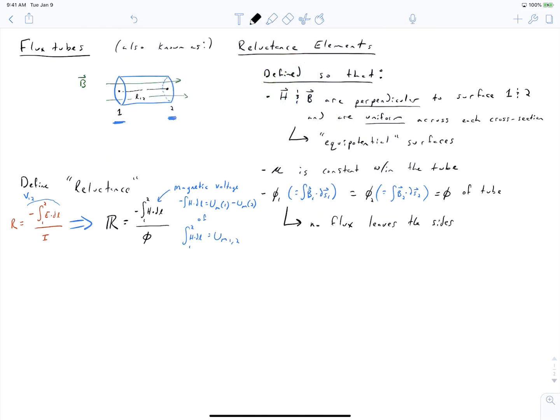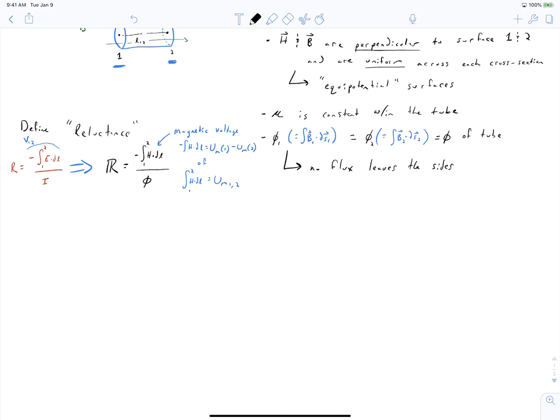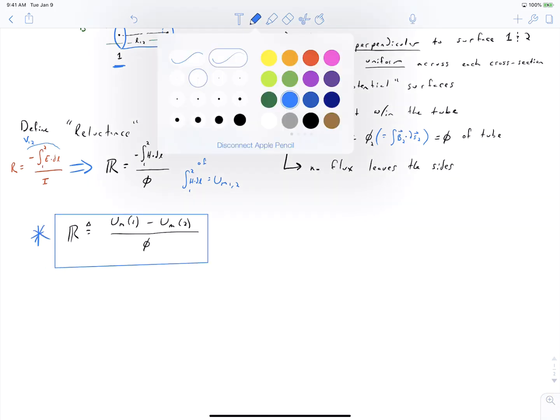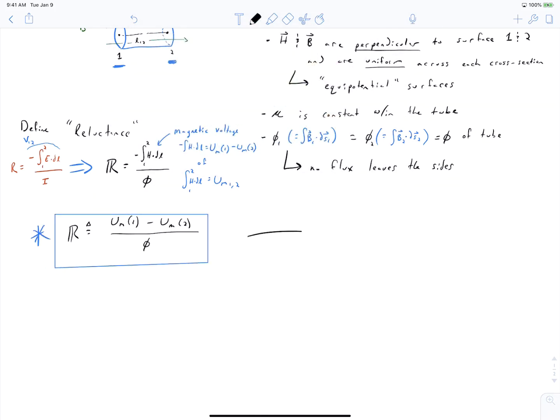If we now rewrite reluctance in terms of our magnetic voltage, we can say that it is equal to the magnetic voltage on surface 1 minus the magnetic voltage on surface 2 divided by the total flux passing through our tube, which looks a lot like our resistance equation.